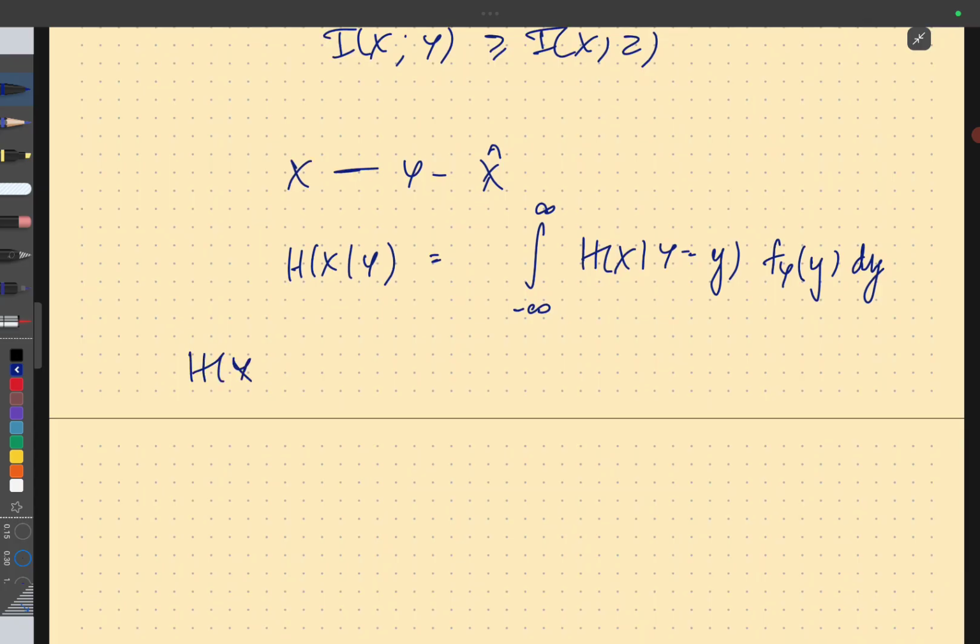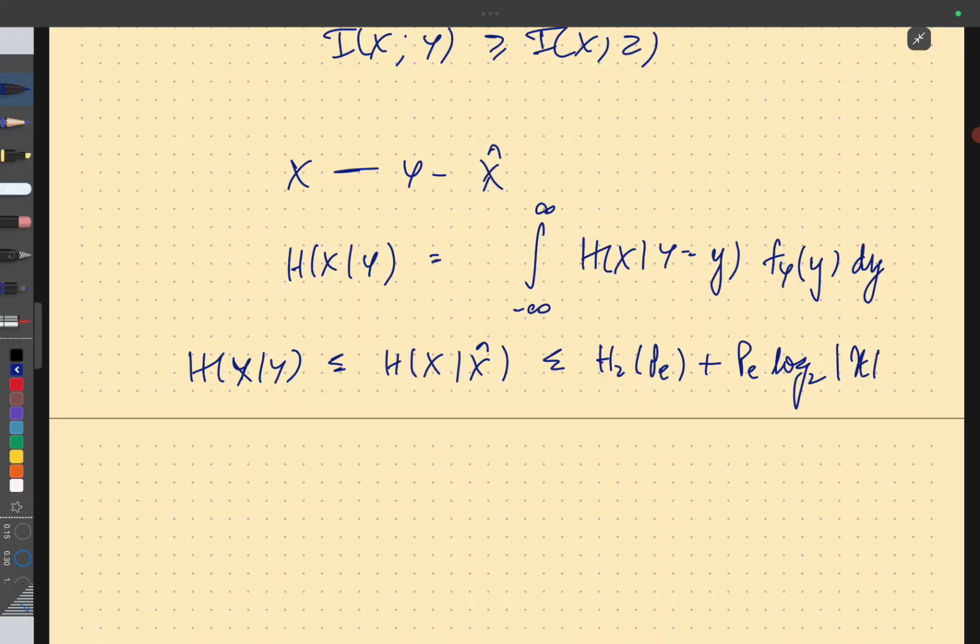Fano's inequality says that h of x given y is less than or equal to h of x given x hat, which is upper bounded by the binary entropy of PE plus PE log cardinality of x. This continues to hold.